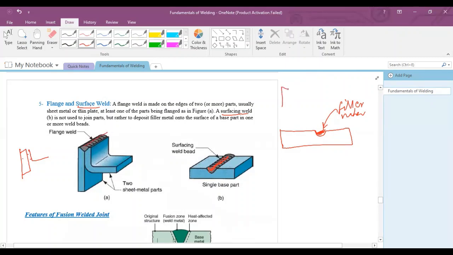Like if you have one part like this, tilted or slanted, and the other part is in another shape like this, you can fill this part with the help of filler material and form a flange joint.